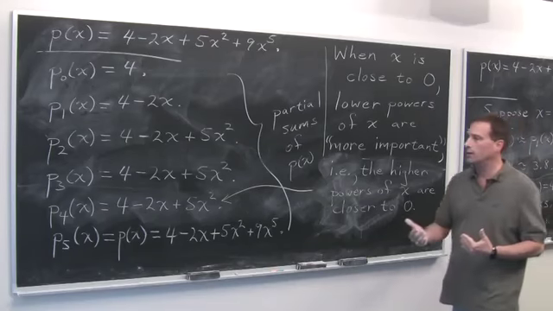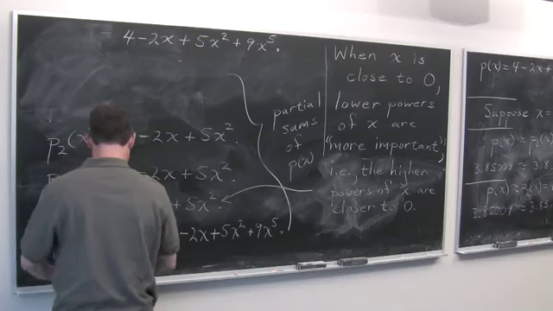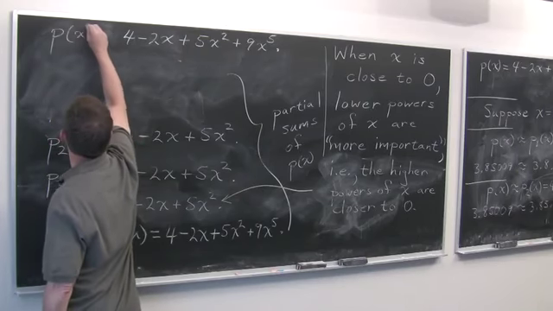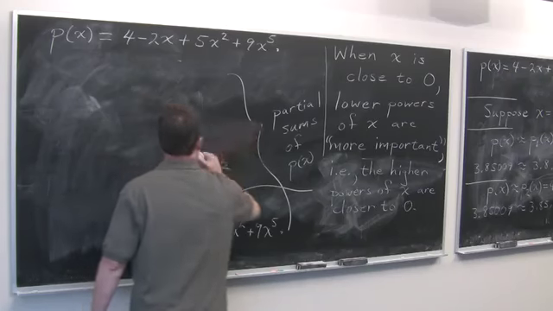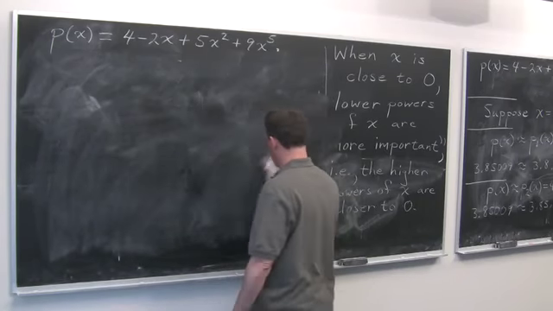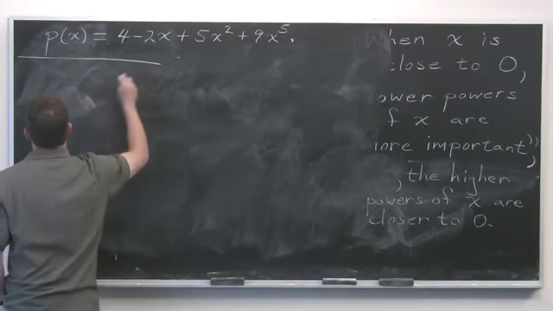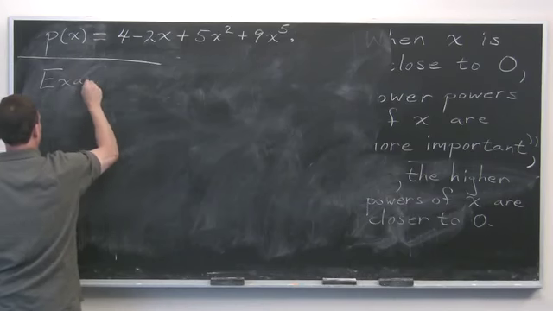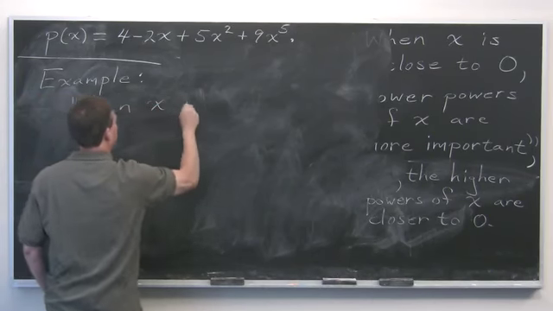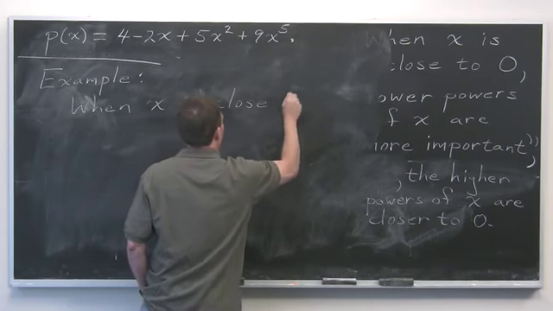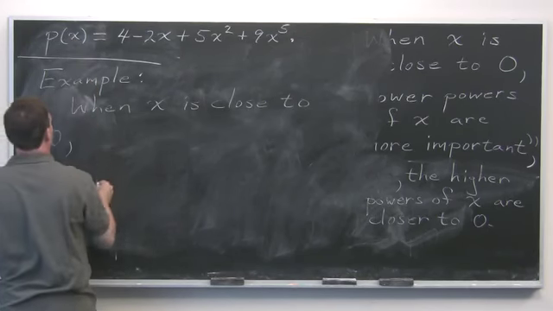Another standard question, not just approximate this at different values. Another standard question, I don't want to erase this. Another standard type of question would be something like, so here's an example. When x is close to 0, I'm referring to this p of x.